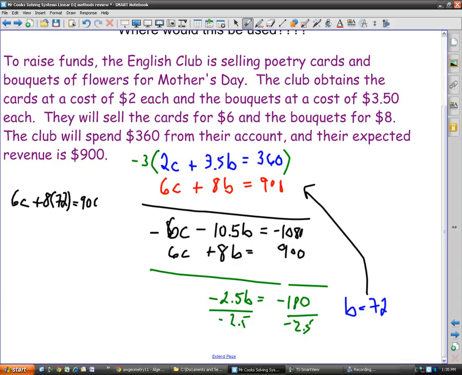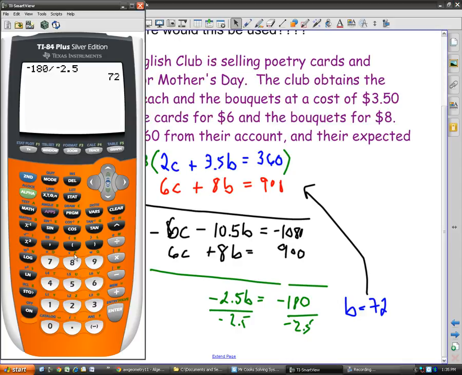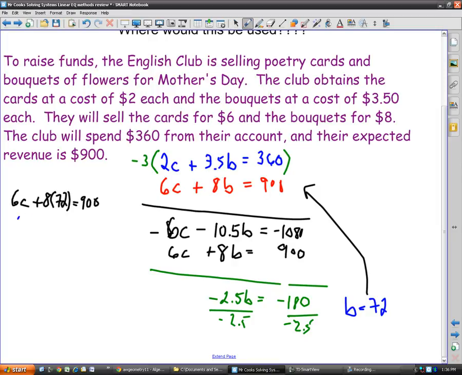So now if I go 8 times 72, that gets me 576. So then I have 6c plus 576 equals 900.